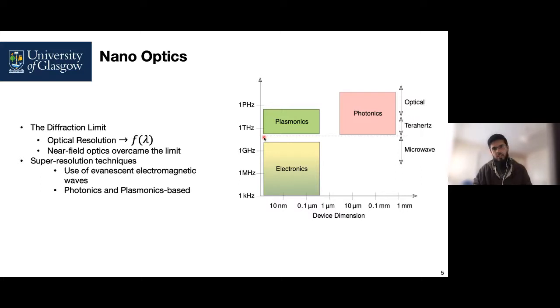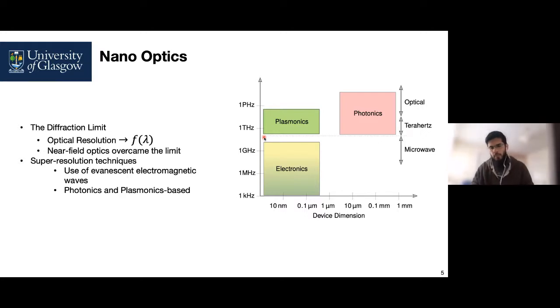Those conventional microscopic techniques are primarily far field in nature, by which we mean that the interaction with the electromagnetic field primarily happens in the far field.